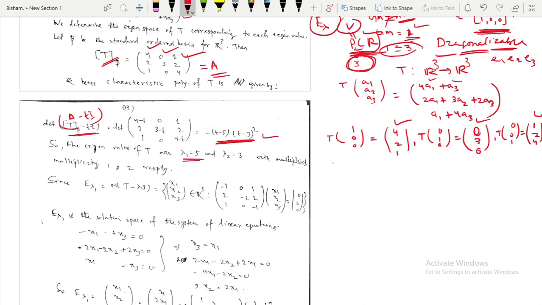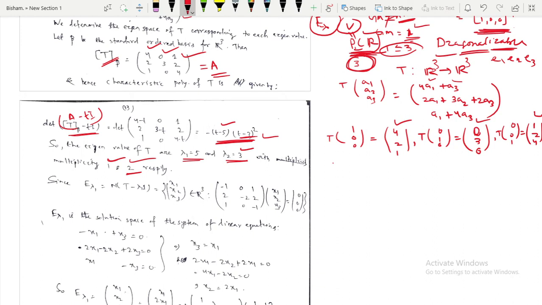So lambda 1 equal to 5 and lambda 2 equal to 3, having multiplicity 1 and 2 respectively. Lambda equal to 5 is repeated only once, so its algebraic multiplicity is 1, and (lambda minus 3) whole square is there, so lambda equal to 3 has multiplicity 2.